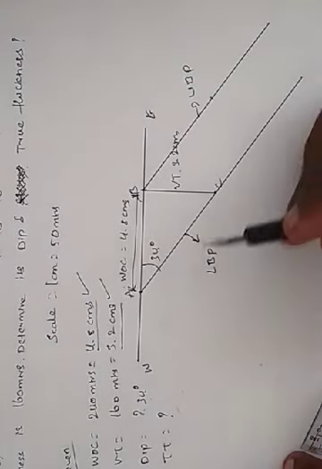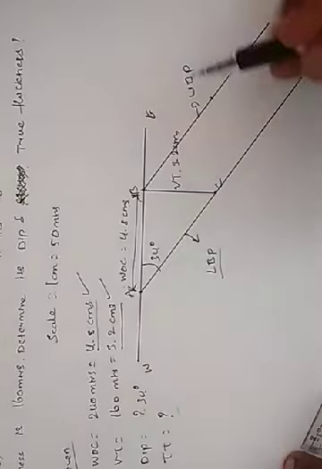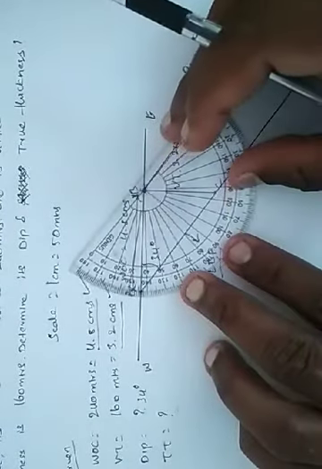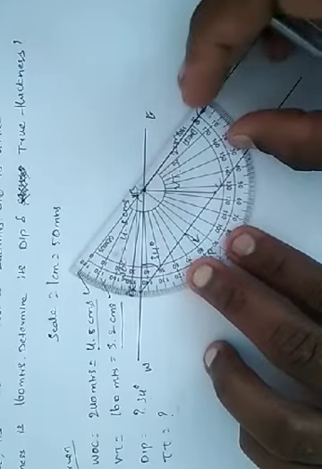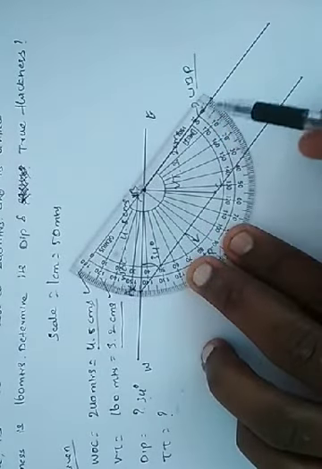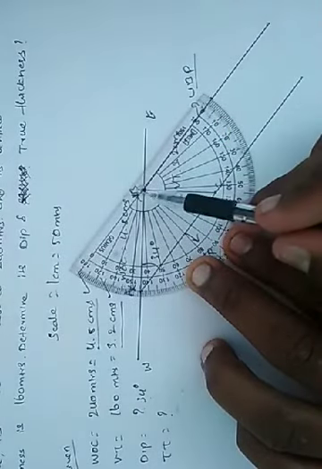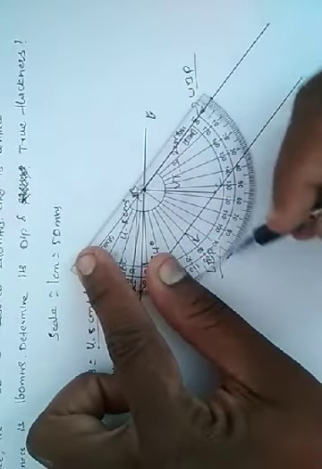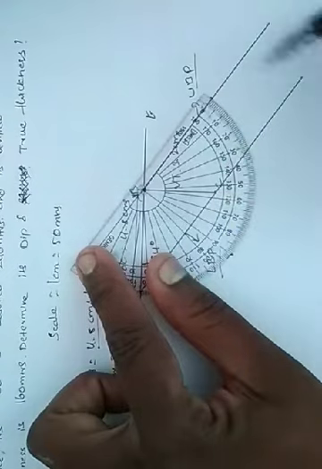Now we have the lower bedding plane and upper bedding plane, so let's start measuring the true thickness. I will use the protractor again. I will place it at the point B, with the 0 of the protractor coinciding with the upper bedding plane. Now I will mark exactly 90 degrees to get the perpendicular line to this upper bedding plane.